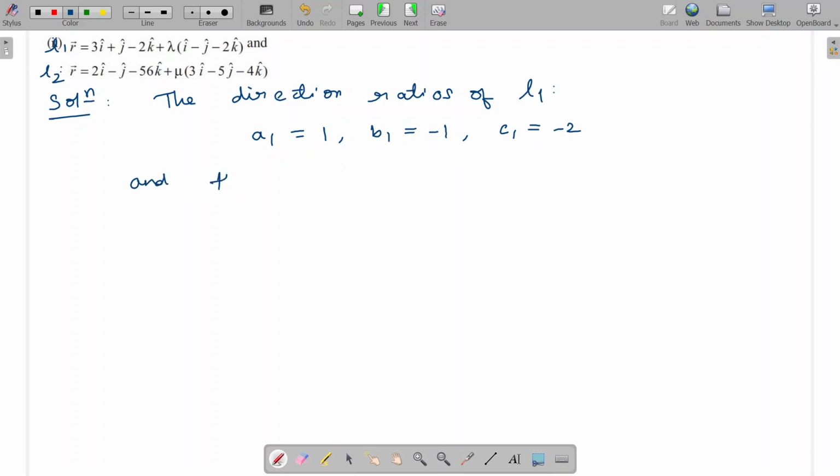And the direction ratios of L2 we will write, direction ratios of L2. So that means A2 equal to 3, B2 equal to -5, and C2 equal to -4.